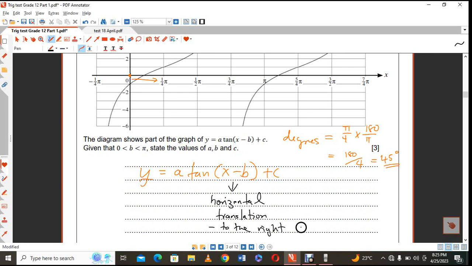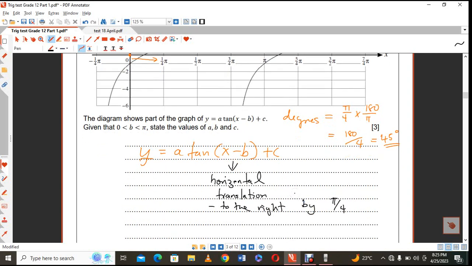By 45 degrees, or by pi over 4. So that therefore means that the value of b is nothing but pi over 4. Okay, so I hope you have also looked at my other video that I did on transformation of functions, when I said that the stuff here is the one that translates the graph to the left or to the right.